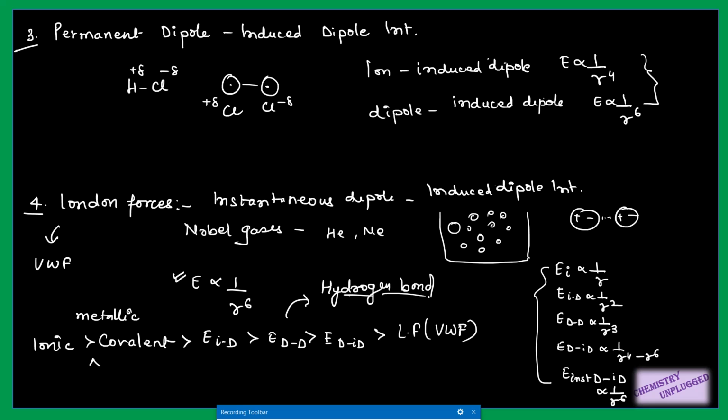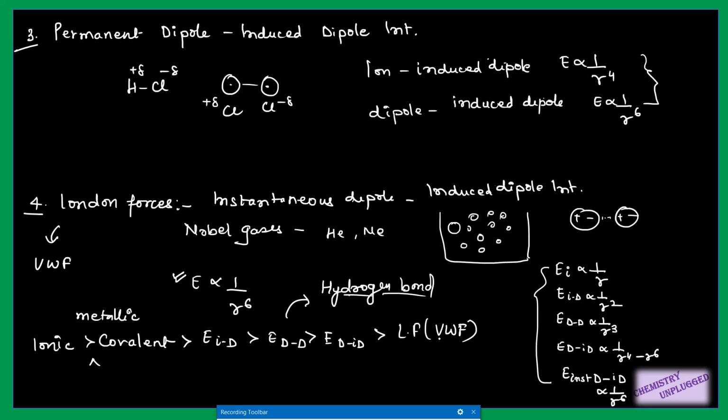So you will have to place hydrogen bonding in between, between covalent bond and van der Waals forces. The strength of hydrogen bonding will be in between covalent bond and van der Waals forces. It should be greater than van der Waals forces, but sometimes hydrogen bonding is also comparable to or weaker than van der Waals forces.